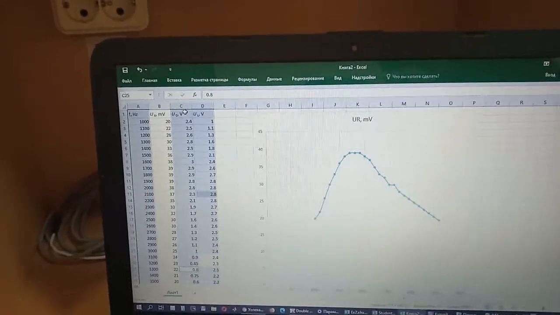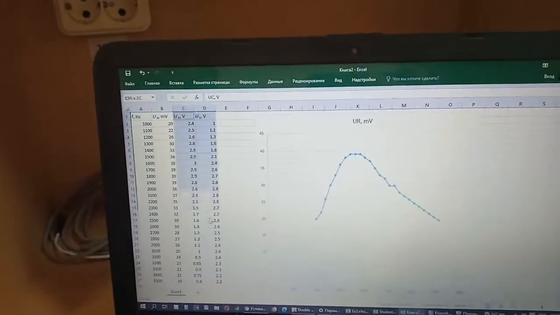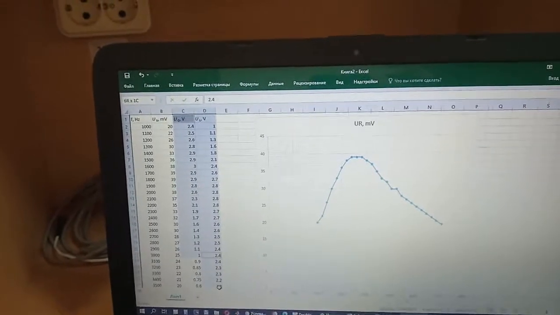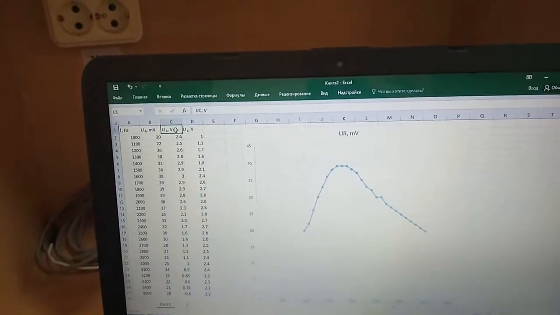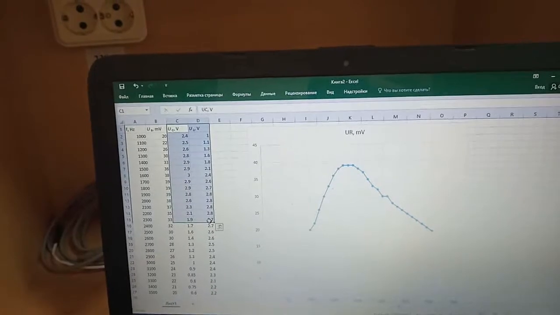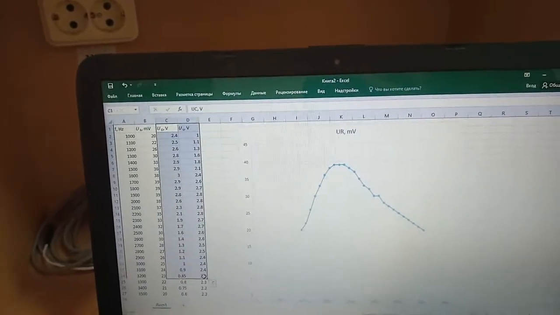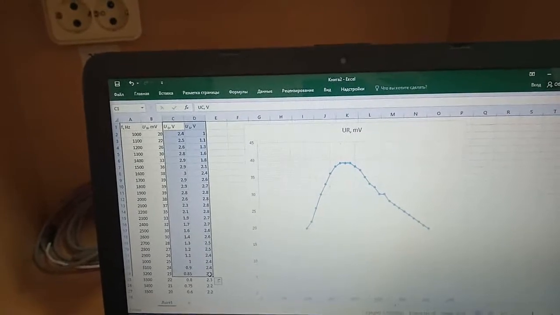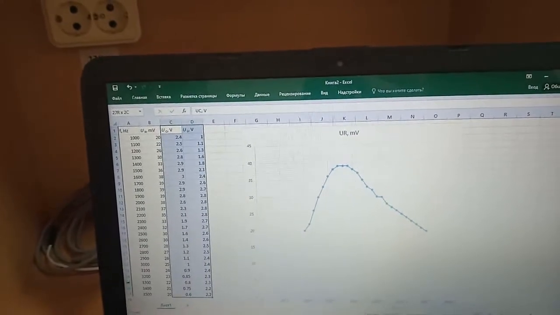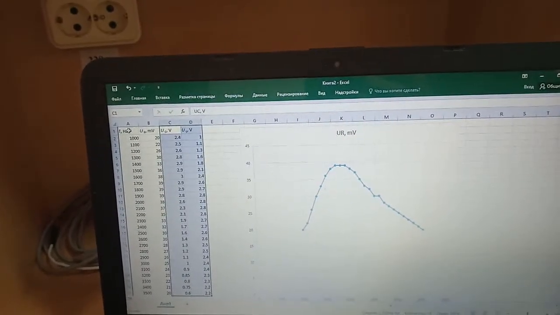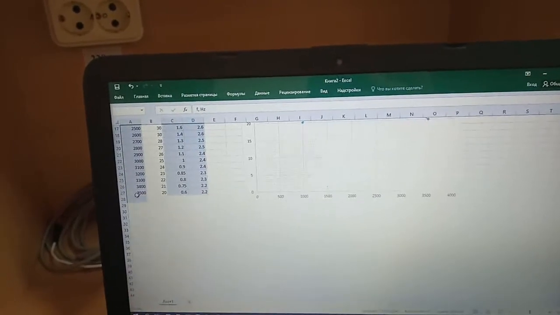Do it in the opposite manner. So first I'll select, it's not easy using touchpad. Well, then I press Ctrl and select the first column.